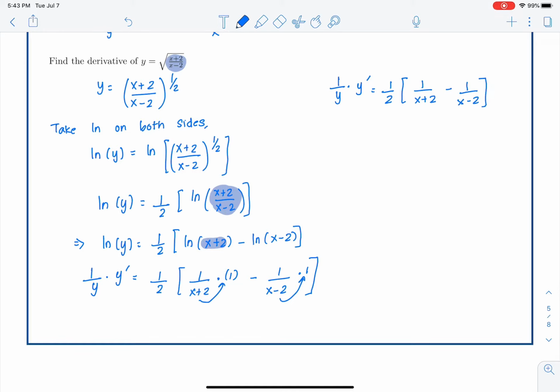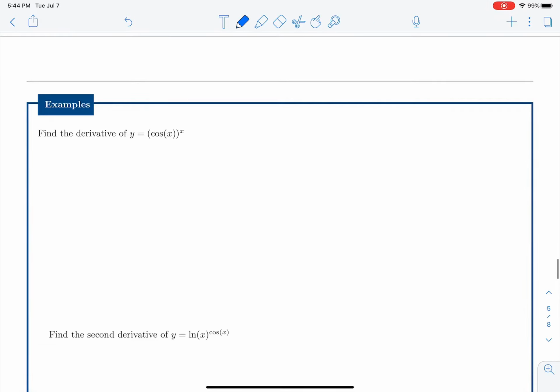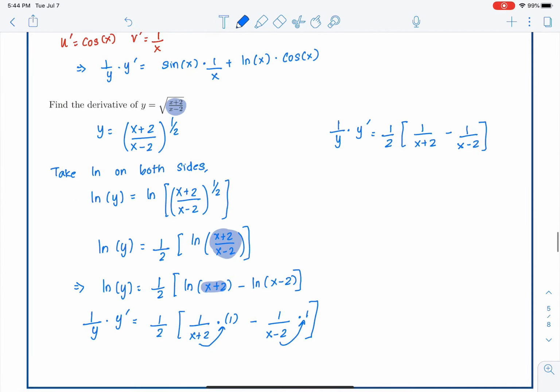Now you ask yourself a question, is there a way for us to simplify this? Looks like we can in this problem. If we take the common denominator, x minus 2 divided by x plus 2 times x minus 2, minus 1 over x minus 2 multiplied by x plus 2.